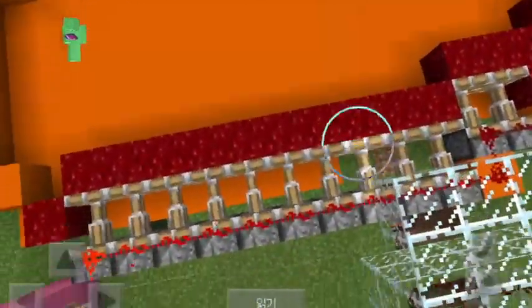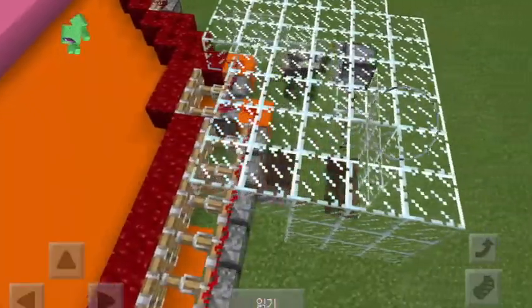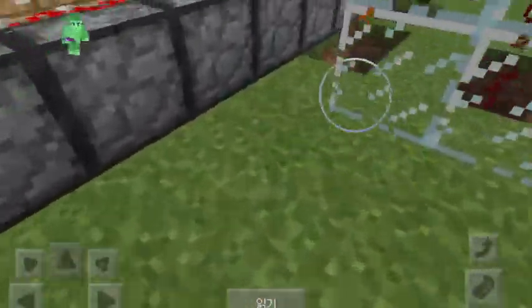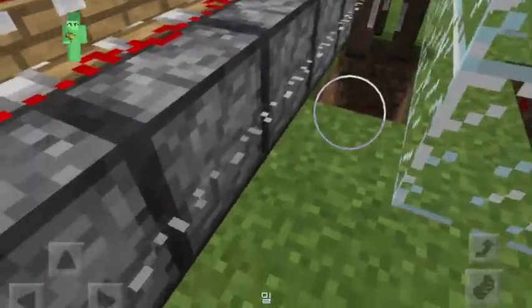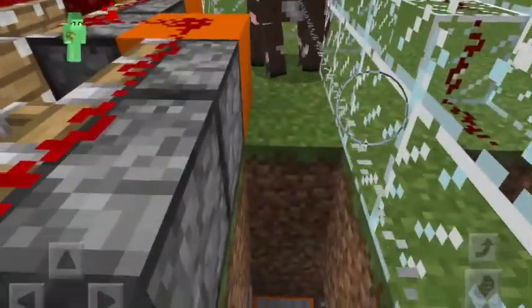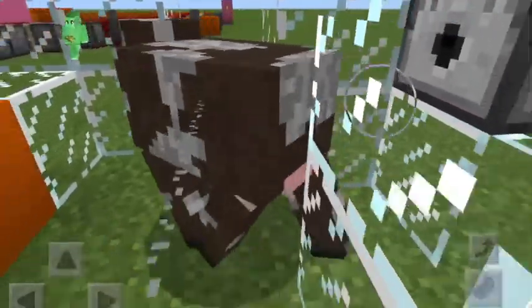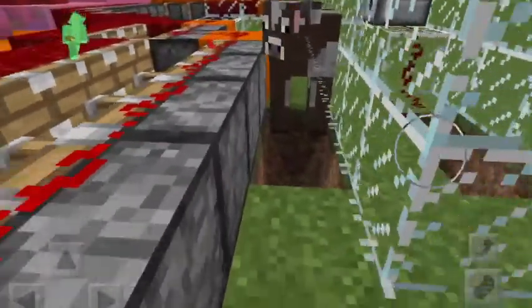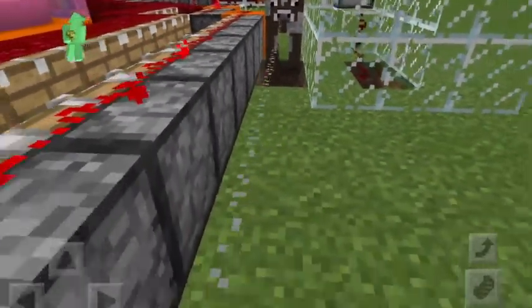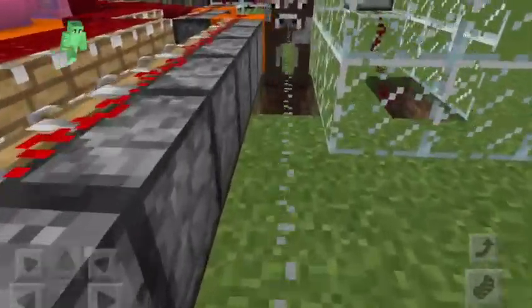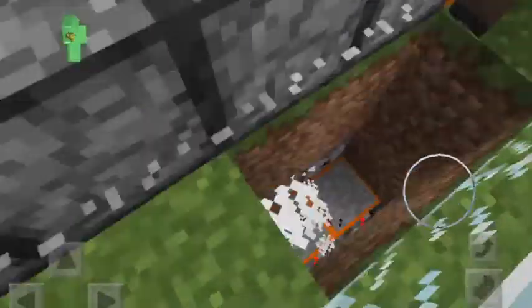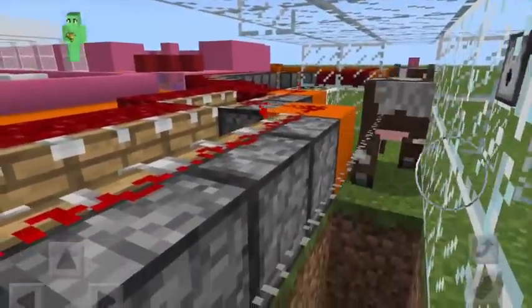This moves front and back because of the machine over here. When the cow spawns and goes into this bottom, it dies, and it falls over here. It dies and spawns another one.